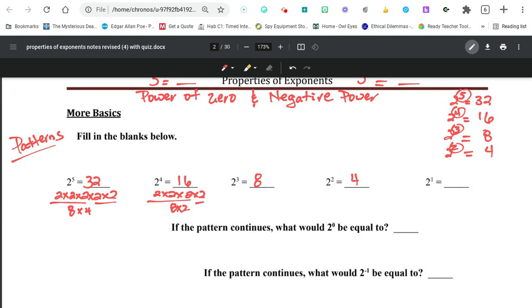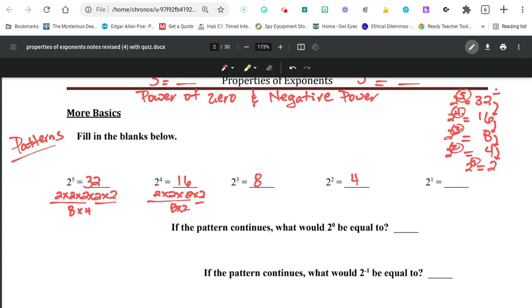So I should go to 2 to the 1st power. And even if you didn't know 2 to the 1st power was 2, you should be able to tell if you're decreasing 5, 4, 3, 2, 1 by 1 in each exponent, you should be able to see what you're doing to get from 32 to 16, 16 to 8, 8 to 4, and 4 to 2.